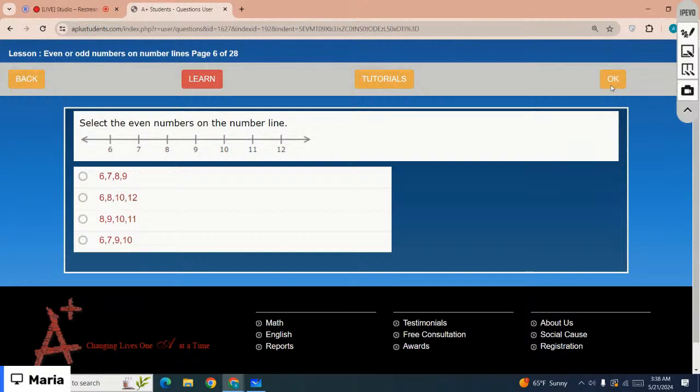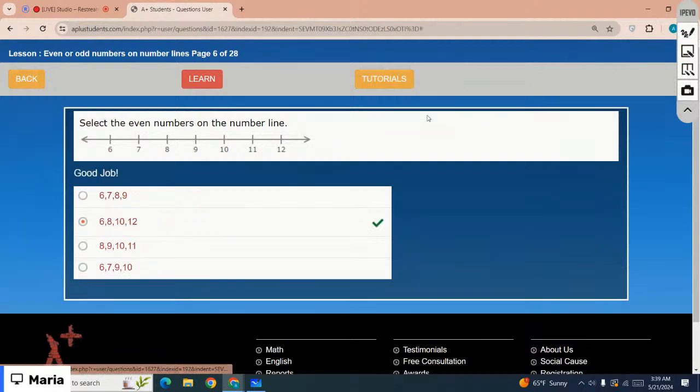Select the even numbers on the number line. So, which is the correct option? They are 6, 8, 10, and 12 is the correct option.